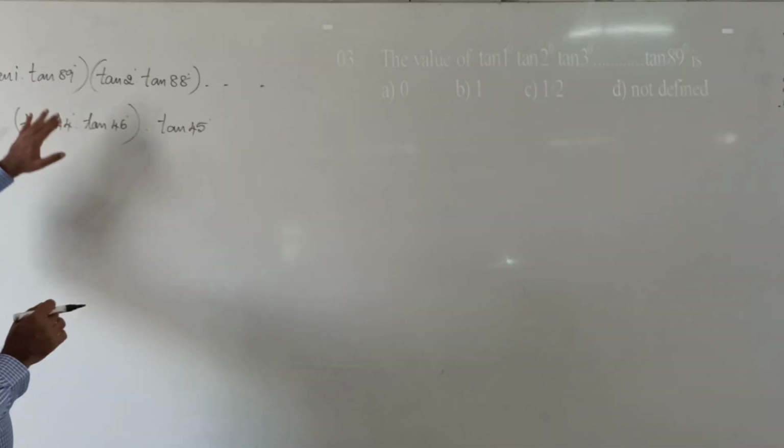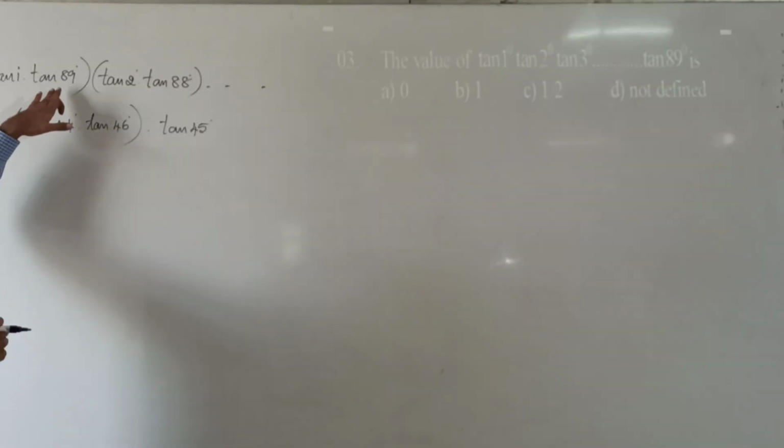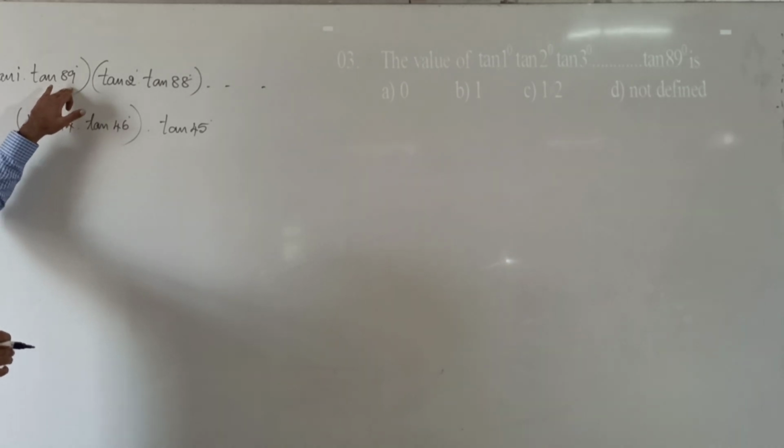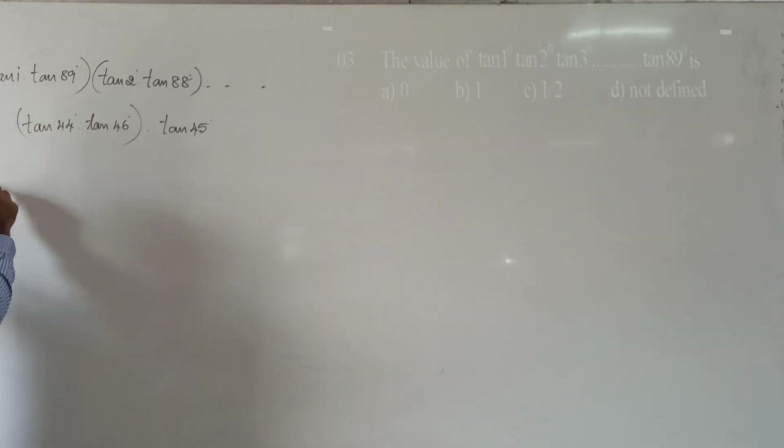Okay. Now tan 89 degree, I can write this as tan (90 degree minus 1). Tan 90 minus theta is nothing but cot theta. So this will become cot 1.